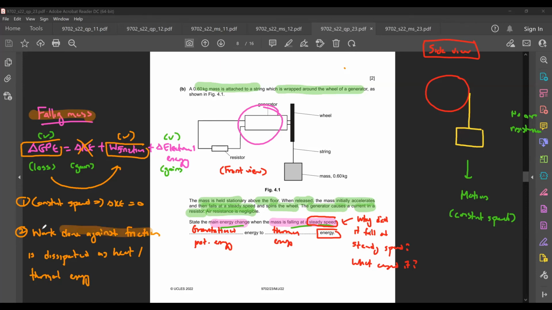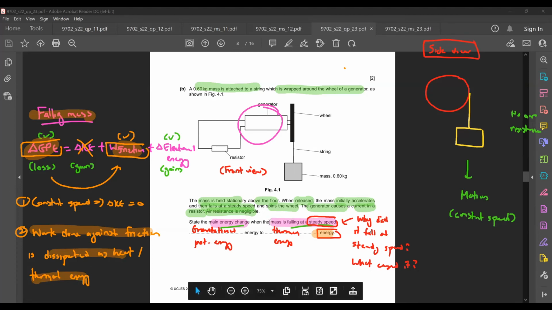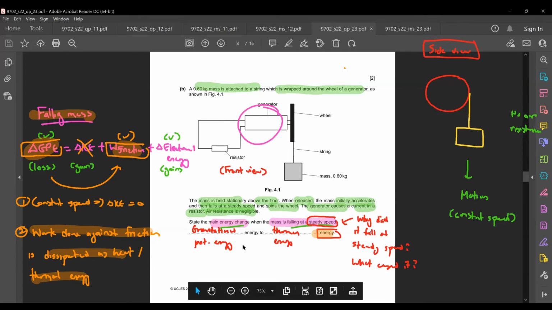Okay, so your GPE loss is converted to work done against friction, but here you do not have work done against friction. You have some things here already stated as energy. You can probably just say as thermal energy, no? Because work done against friction is also dissipated as heat or thermal energy. Okay. So state the mean energy change when the mass is falling at a steady rate.